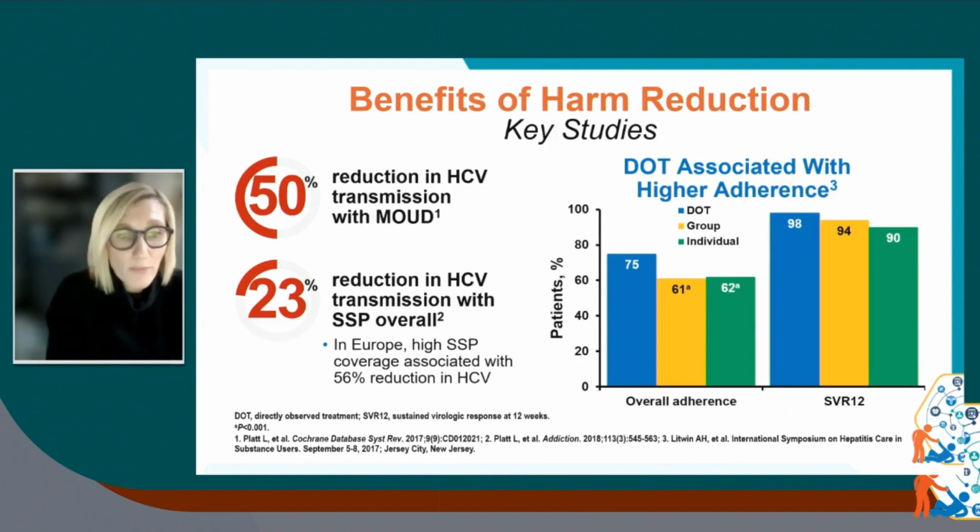The benefits of harm reduction have been shown in studies. There has been a 50% reduction in hepatitis C transmission in individuals who are engaged in medication for opioid use disorder, and a 23% reduction in HCV transmission with syringe service programs overall. And Europe has done an extraordinary job globally around syringe service program access, with studies indicating a 56% reduction in hepatitis C transmission.